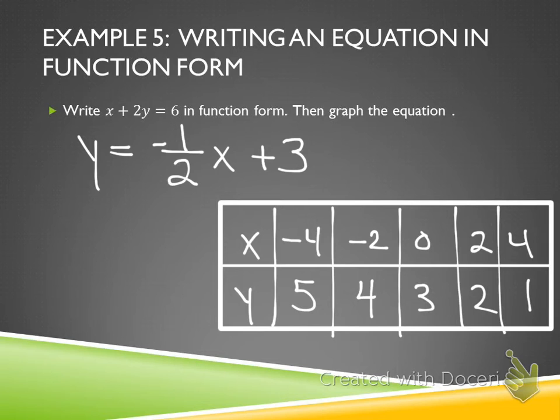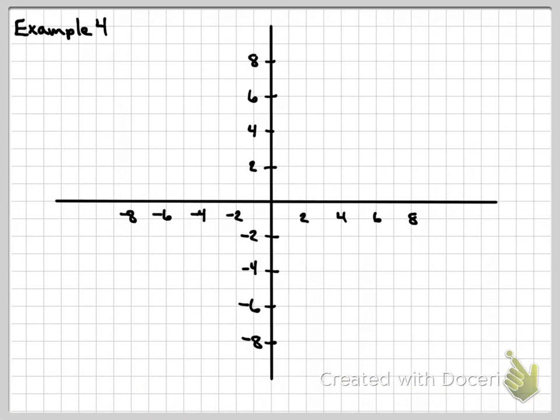And now what do you think you're going to do with those numbers? Pair them up and graph them. Which we just reviewed, but just for review's sake, let's do it one more time. You don't have to do this on your notes. I'm just going to show you. What's your first ordered pair? Negative 4, 5. Negative 4, up 5. And you plot it. What's my next ordered pair?